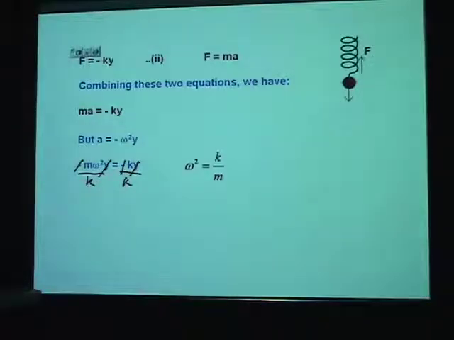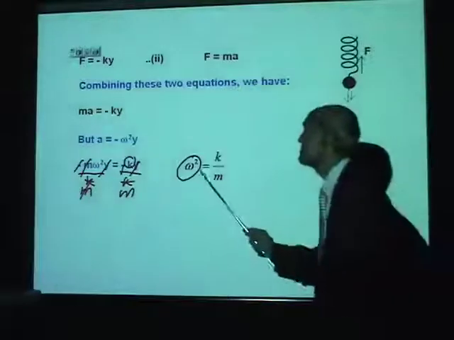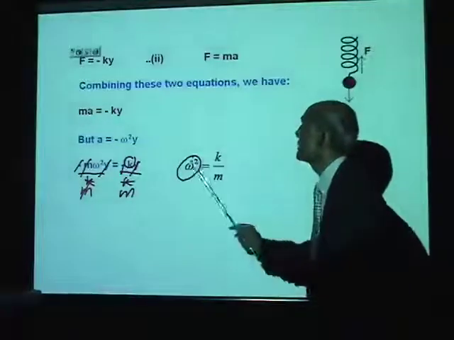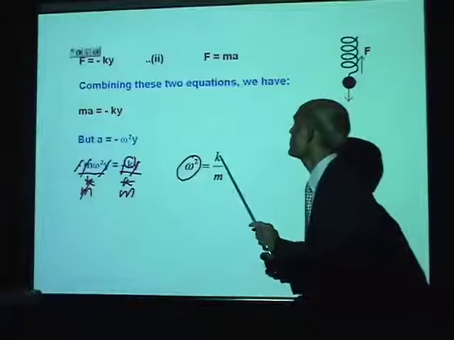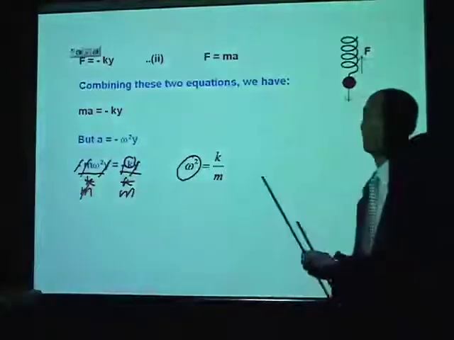I want to solve for omega squared. So divide both sides by m, you get omega squared equal to k divided by m. That's an important equation again, don't forget. Omega squared equal to k divided by m.